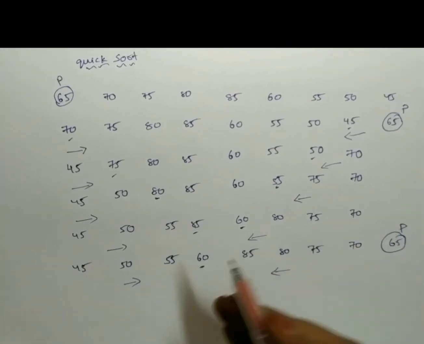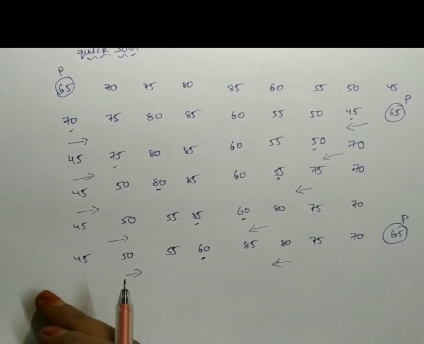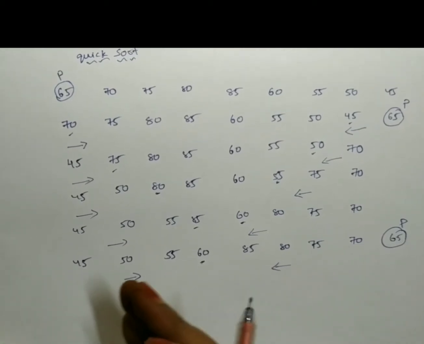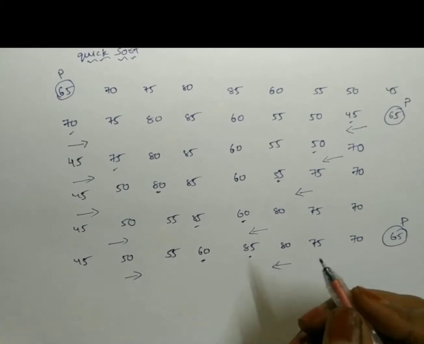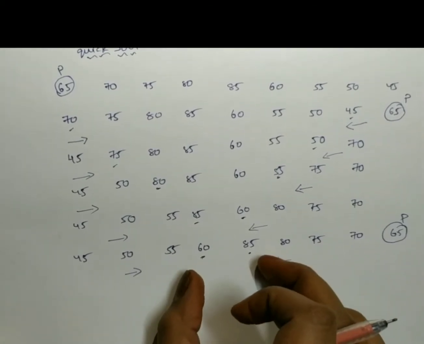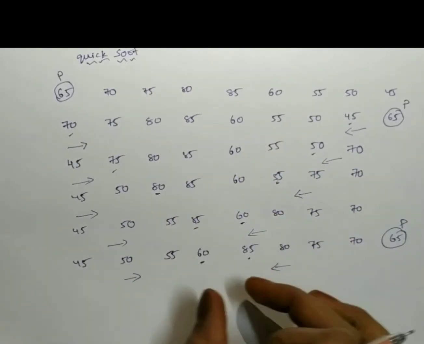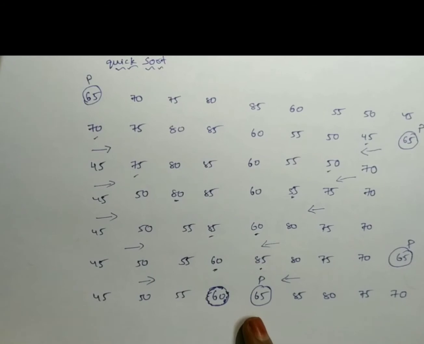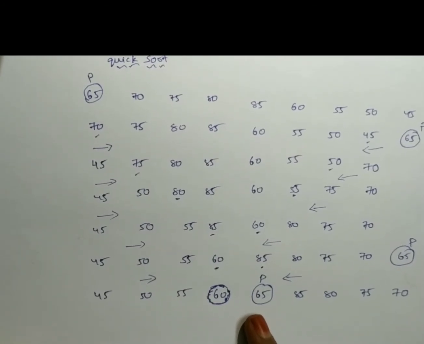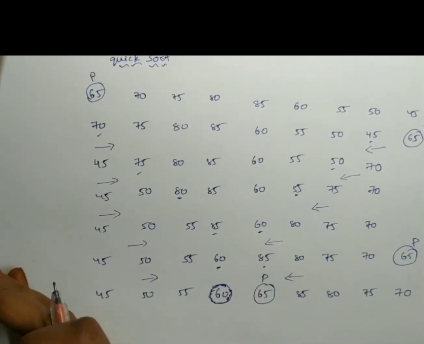If you swap these two values you will obtain the previous list. So in this position the pivot element will be placed in the middle of the list, and using this pivot element the divide operation will be performed.